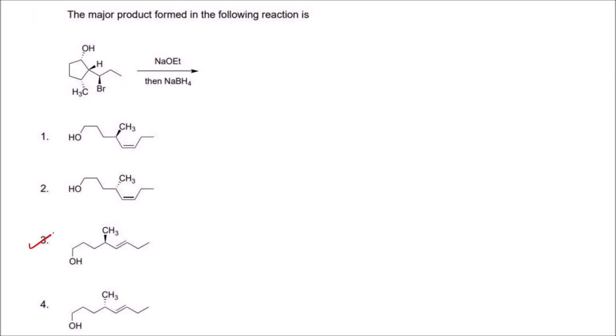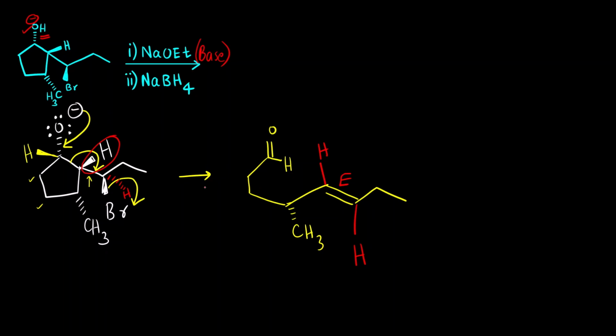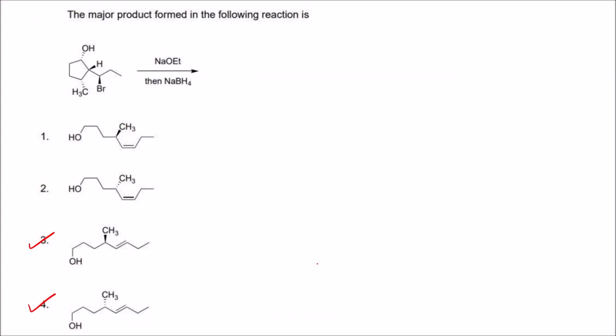So either the correct answer is option 3 or 4. Now if you just see the structure and this methyl is below the plane, and suppose you mark option 4, that is methyl is below the plane, that answer would be incorrect. Why it will be incorrect?